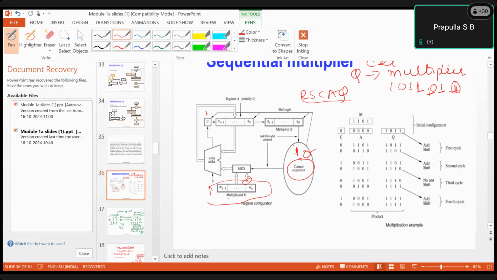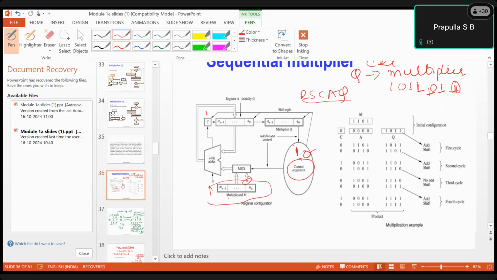So it will check this. If it is 0, then no add, only 0. If it is 1, then you have to add. So here the multiplexer will select this multiplicand and give it to this adder, and initially this A register is stored with 0, so it will add 0 with the multiplicand if your multiplier is 1.